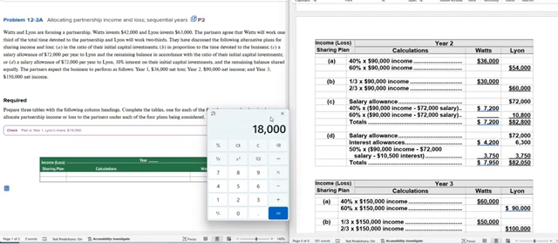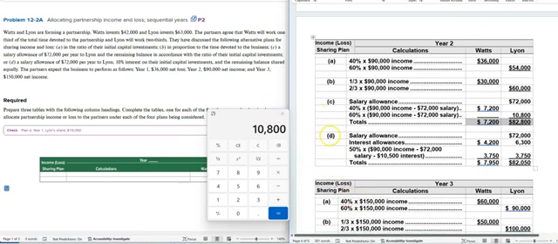It will leave $18,000 to go to the remainder, 40% and 60%. So 40% of that 18,000 will go to Watts, and 60% of that 18,000 will go to Lyon. Okay, so allocating the total $90,000, $7,200 to Watts, $82,800 to Lyon.